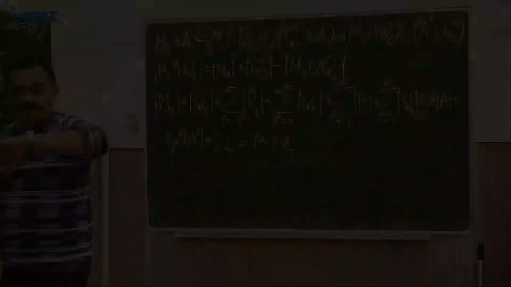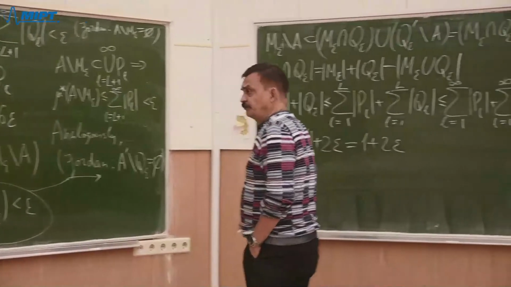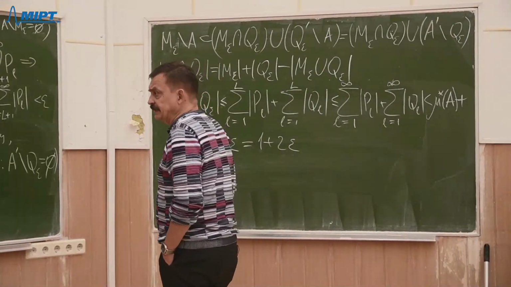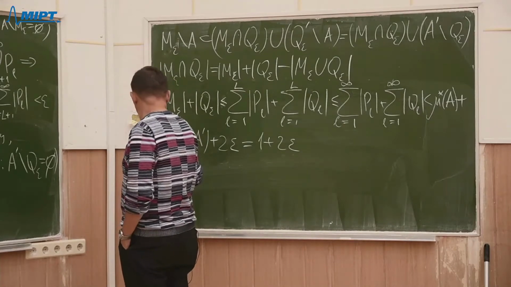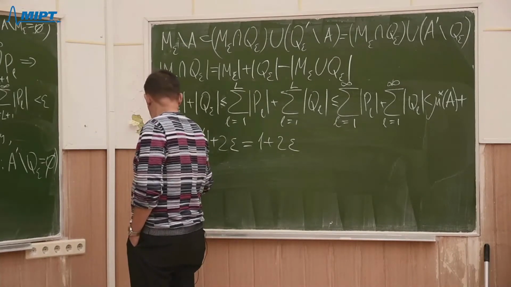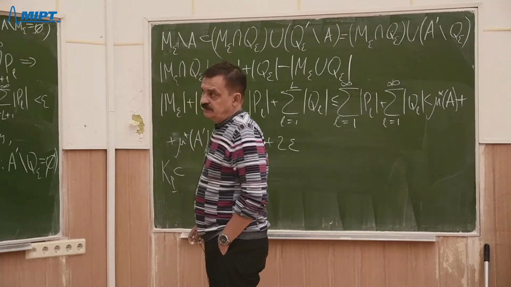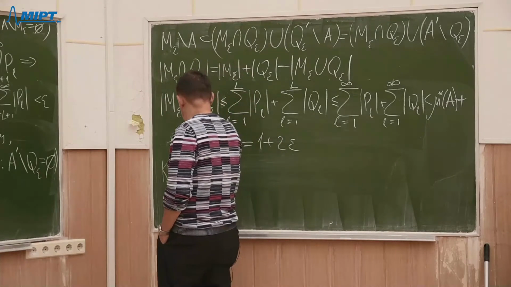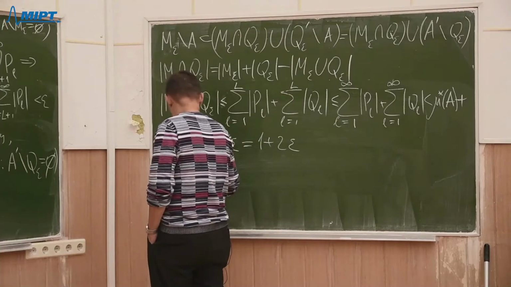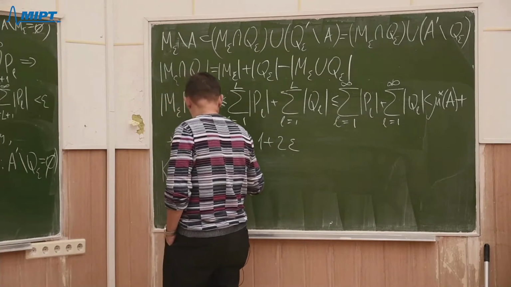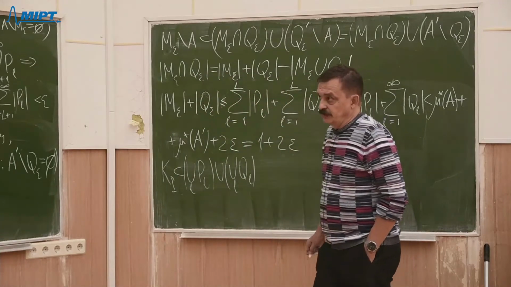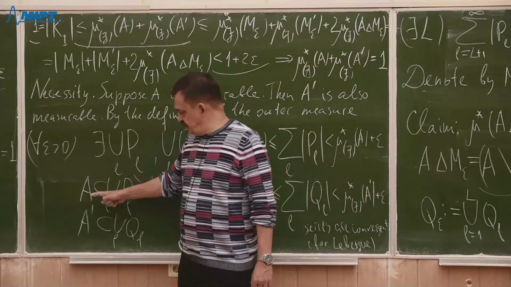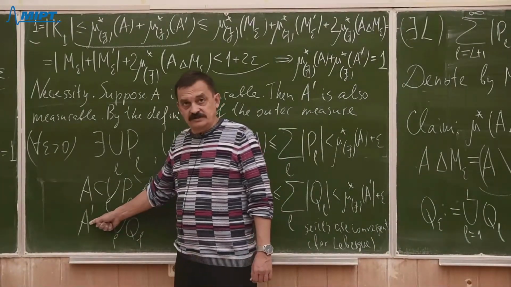That is the plan. Now, to finish the proof, what I need is to observe the following thing. So, the whole cube is a subset of the union of PL together with the union of QL. Because, you see, the union of PL covers A, the union of QL covers its complement.